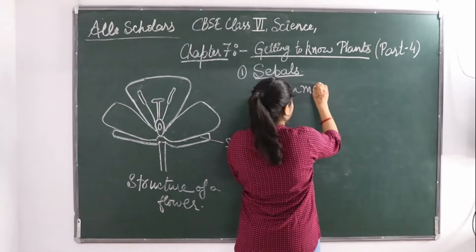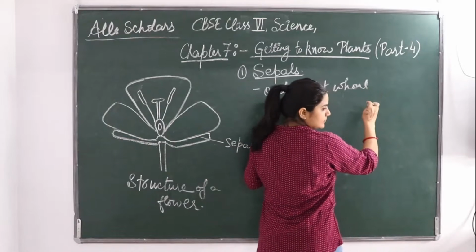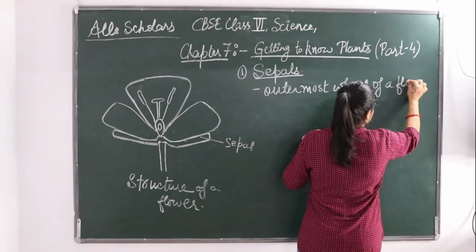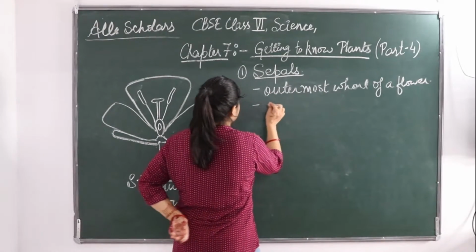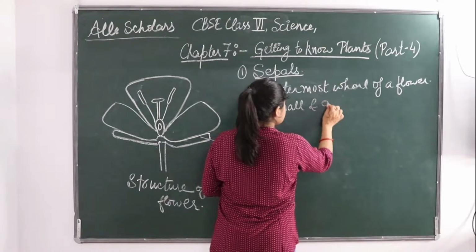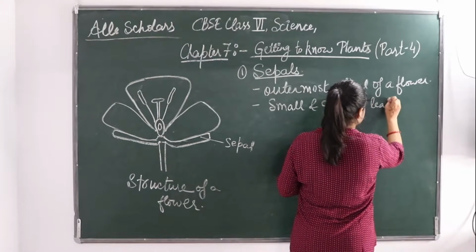Outermost wall of a flower. Okay, they are often small and green and a leaf-like structure.